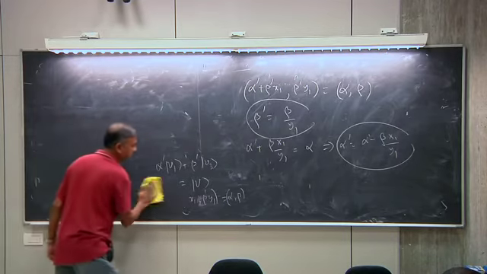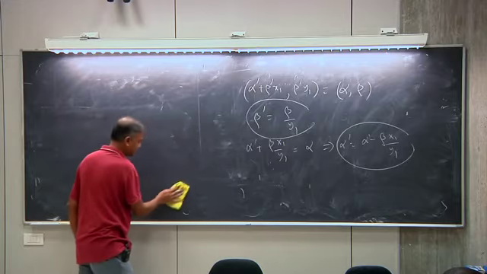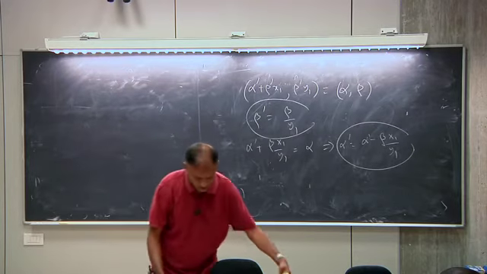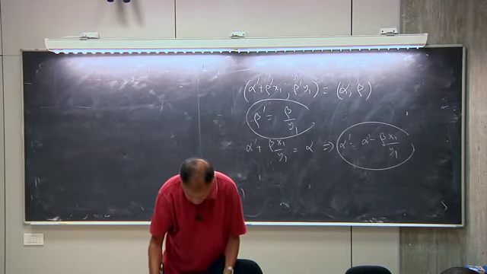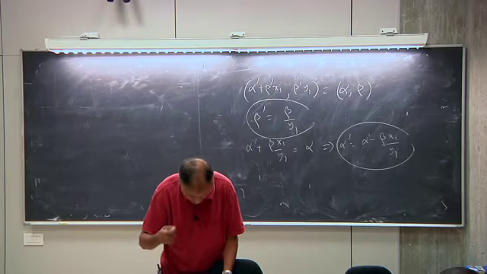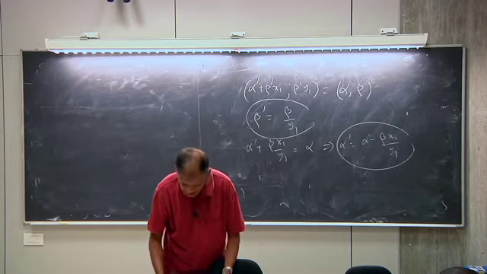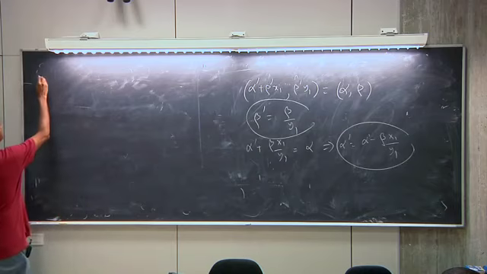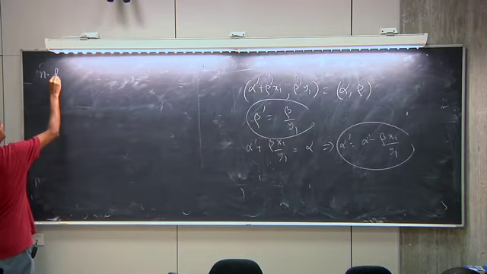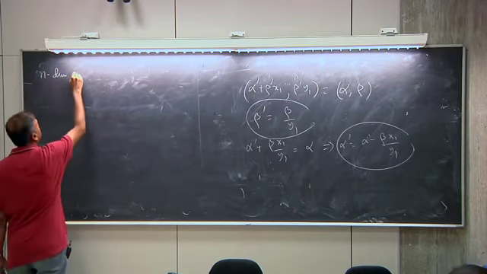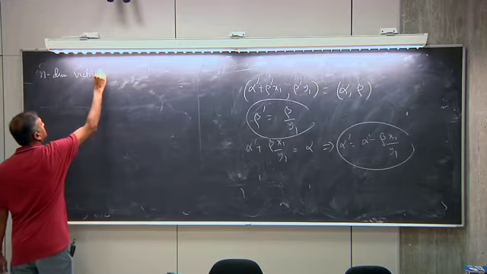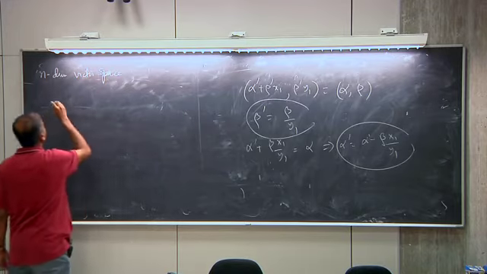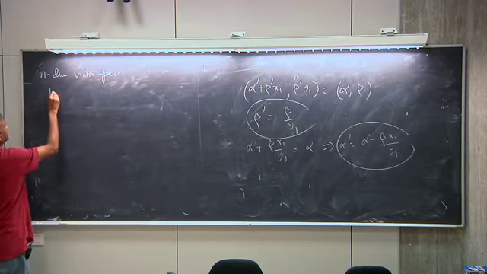I will now use some notation. In these notes for the basis vectors, there's a specific notation. Say there is some n-dimensional vector space, and say there is a basis.